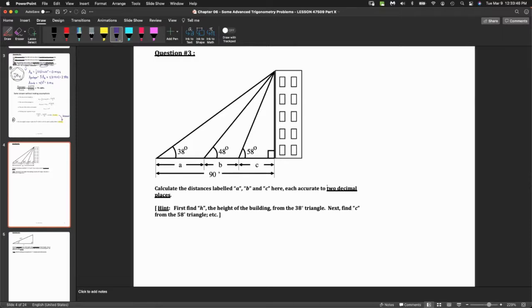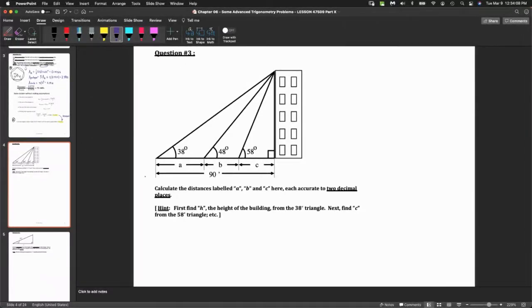So we have this question involving angles of elevation with respect to a building. And you know that the overall distance at the base from the farthest observer, the person that's farthest away from the building, observing or measuring the angle of elevation of 38 degrees, is 90 feet away from the building.